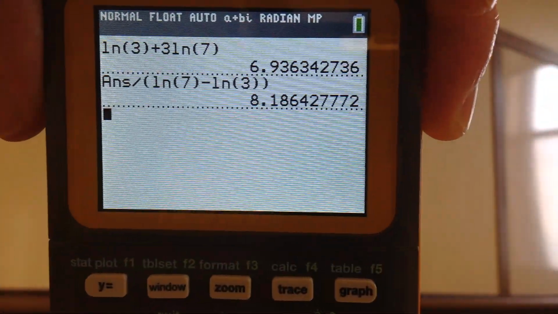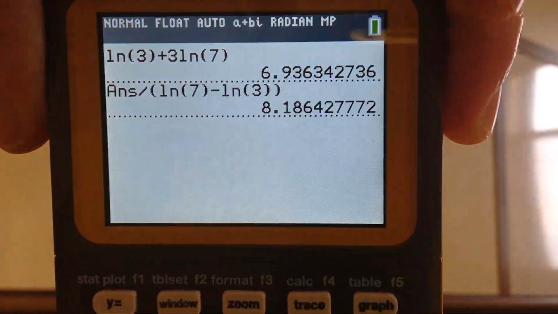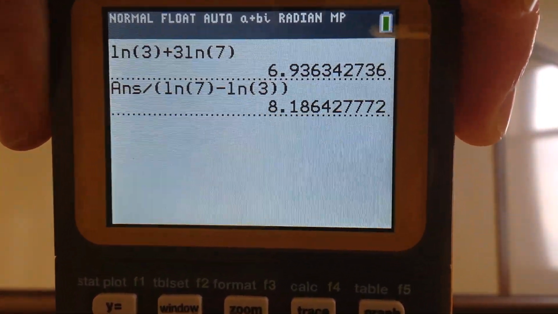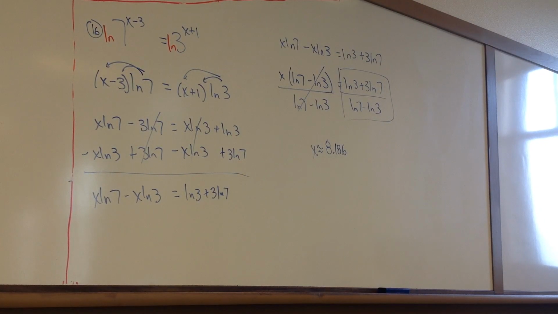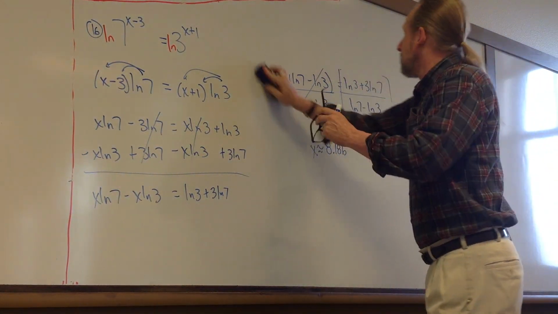Okay, and there's the approximations on the calculator there. Okay, and again, I calculated that numerator separately so I didn't have to mess around with the parentheses in that, because making these calculations really is dependent on doing that correctly. All right, that's number 16. We'll look at a couple more here.